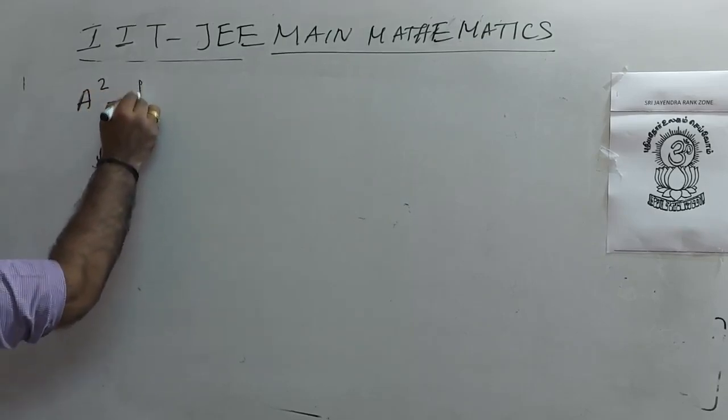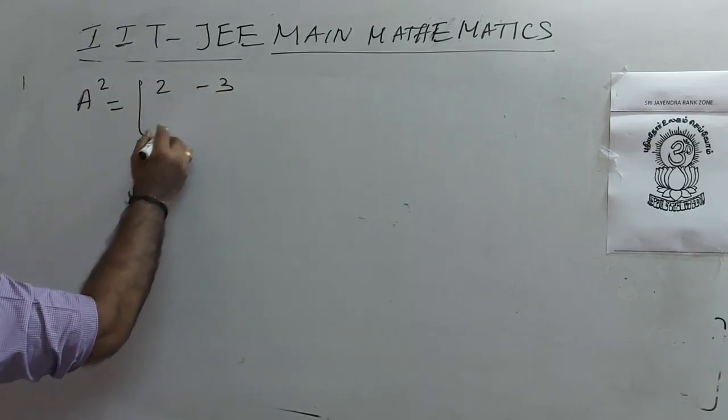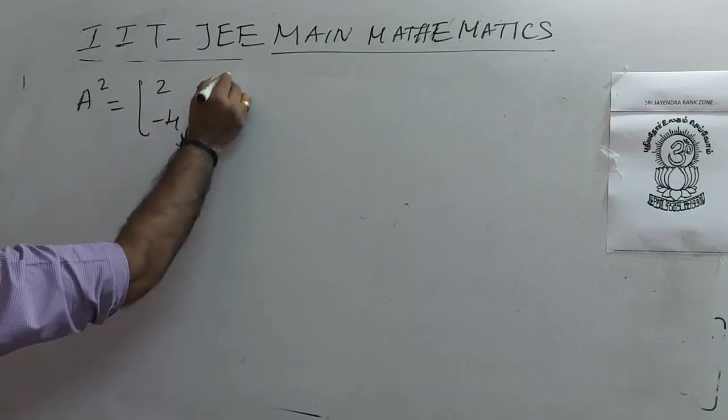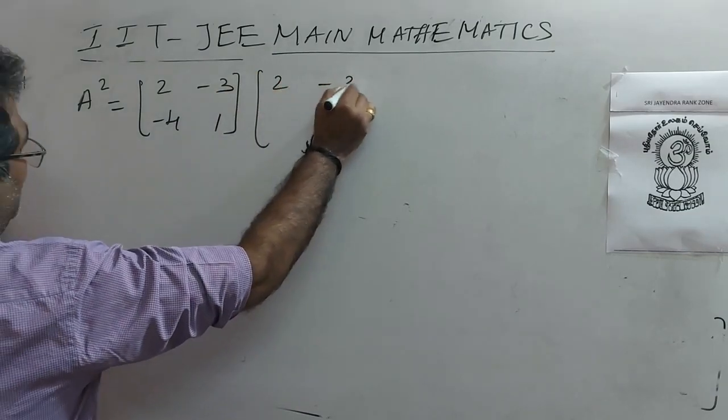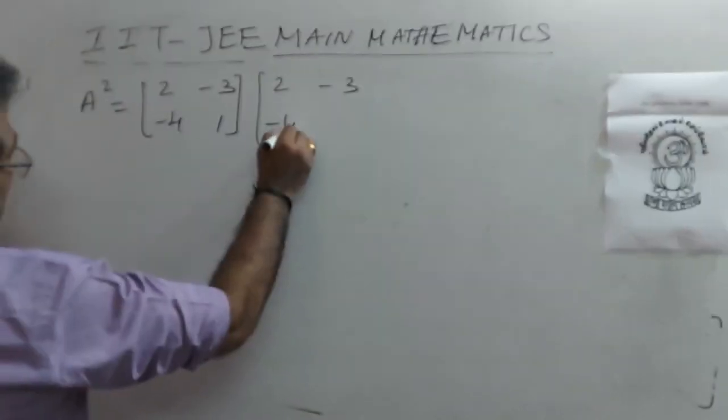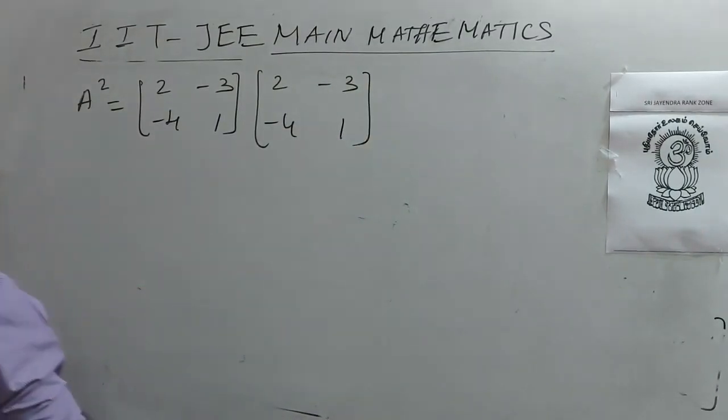A squared: 2, minus 3, minus 4, 1 times 2, minus 3, minus 4, 1.